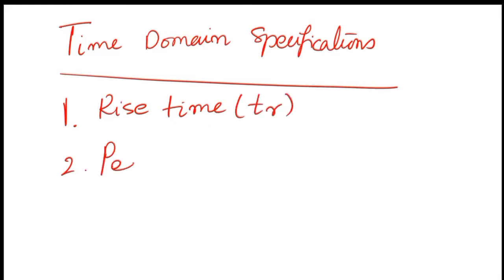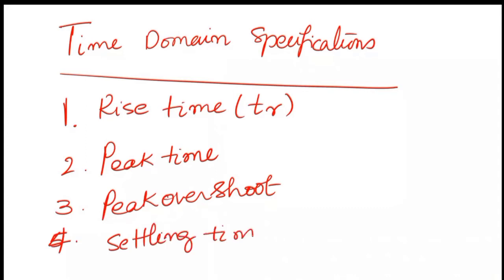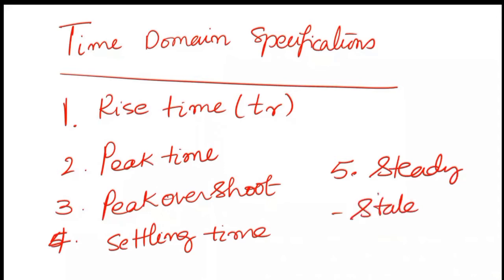Second one is peak time. Third one is peak overshoot. The fourth one is settling time. And the fifth one is steady state error. So first we define rise time. Let us see how we define the rise time.